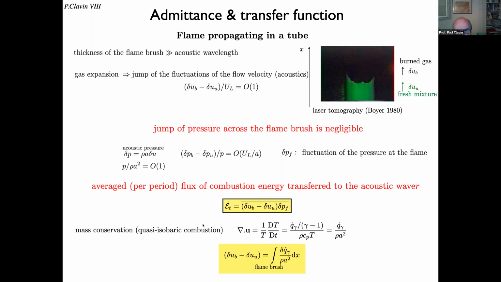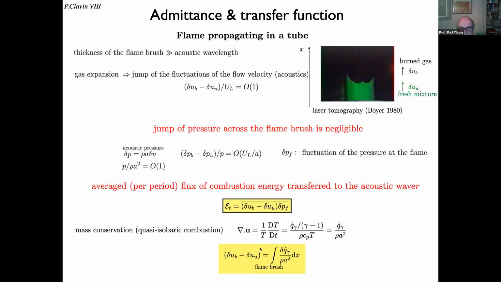But because of the mass conservation, assuming that the flame brush is quasi-isobaric, you have the divergence of the velocity, which is equal to minus 1 over rho d rho over dt, which is 1 over T dT over dt. And this is simply the heat release rate divided by rho a squared, where a is the sound speed.